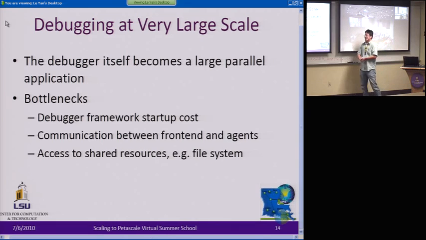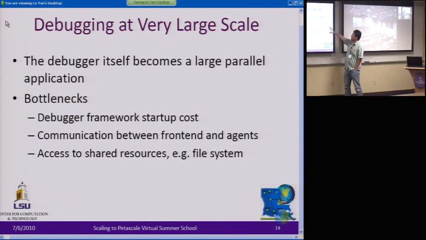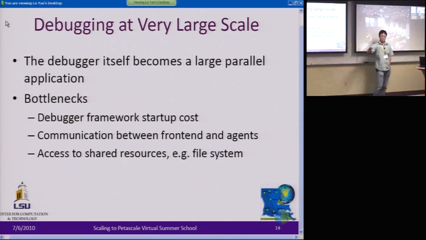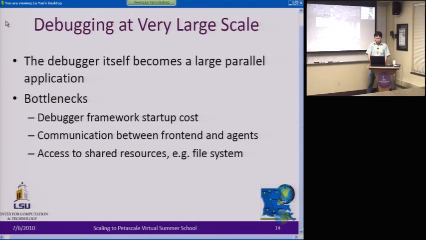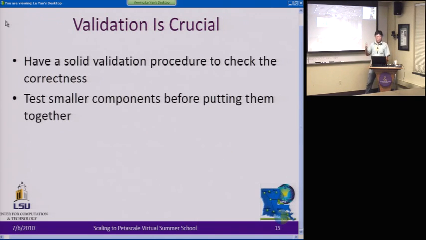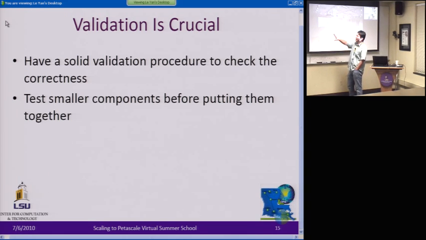No matter what, there's a lot of effort to reduce overhead and all that, but again, you need to be aware that you're running another large parallel application. So there will be problems with that.